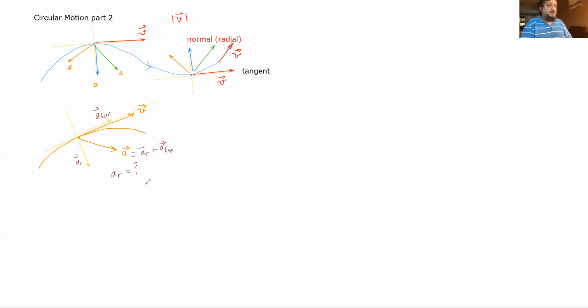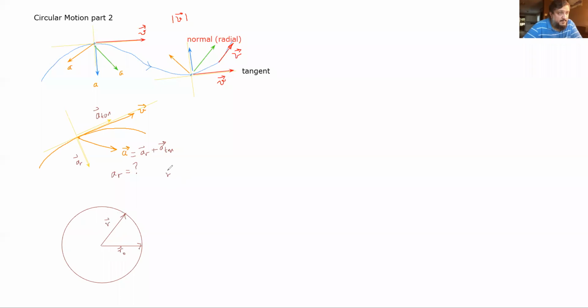Now, to do that, I'm going to use a model which will be the circular motion, a uniform circular motion. As you know, the position vector has a constant magnitude. Okay, so call this R0 and R. These are vectors, right?